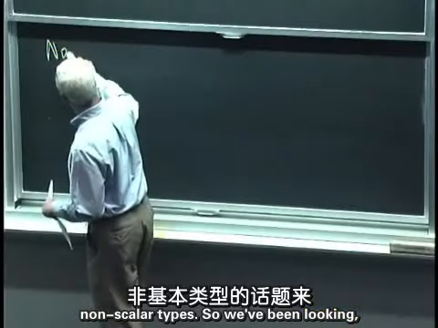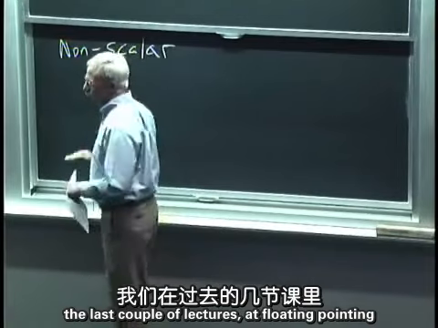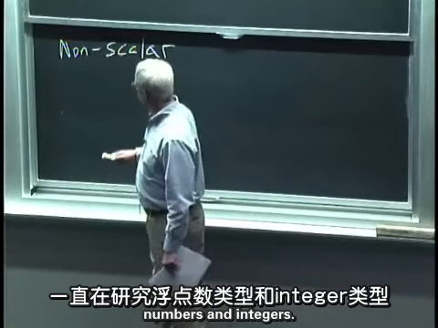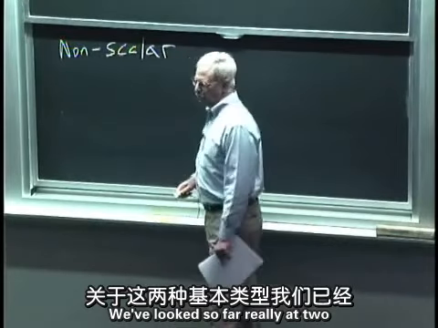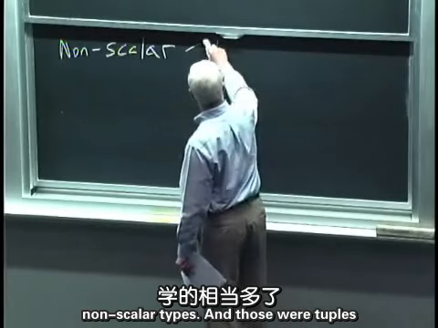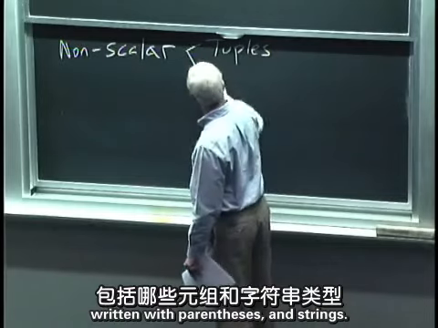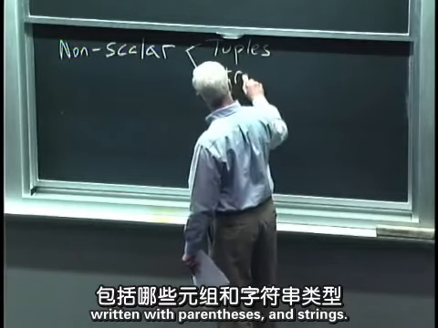So we've been looking the last couple of lectures at floating point numbers and integers. We've looked so far really at two non-scalar types. And those were tuples, written with parentheses, and strings.